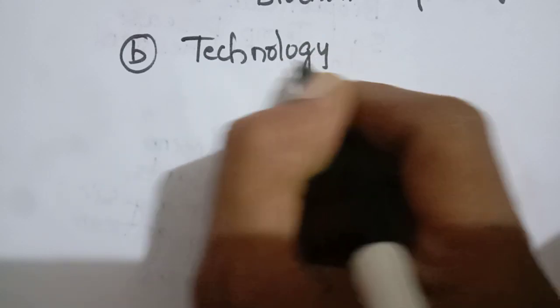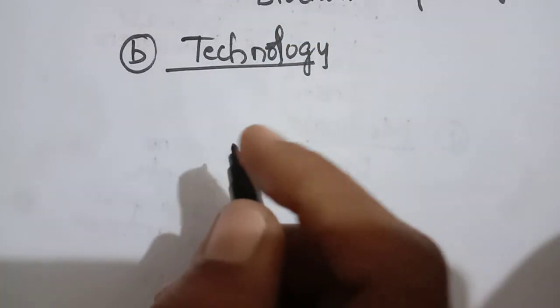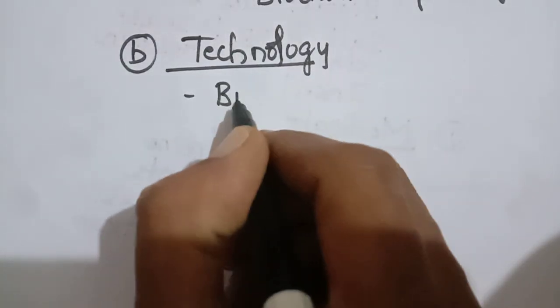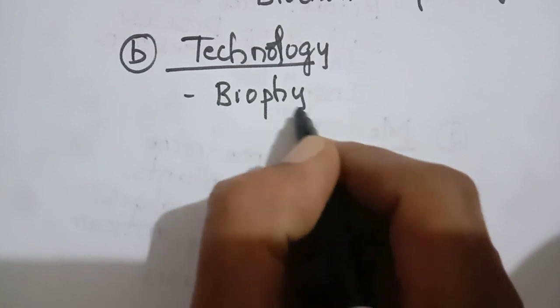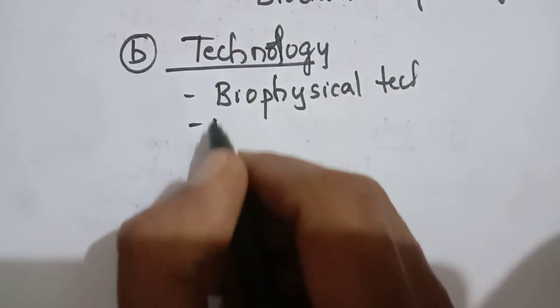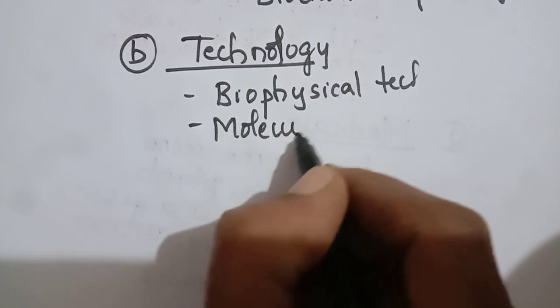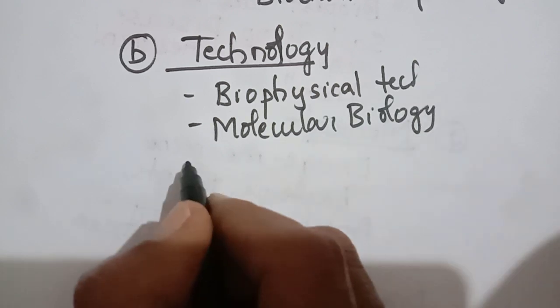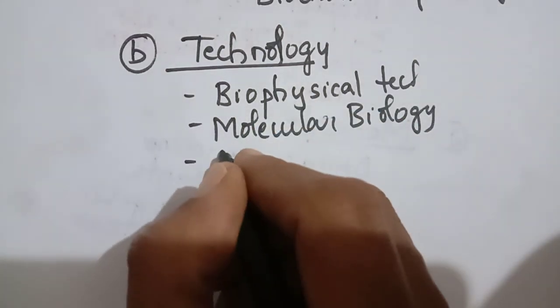The second important thing that defines biotechnology is technology. The first thing is to know about the living organism. The second is technology, so what techniques will we use? We can use various biophysical techniques, molecular biology techniques, and tissue culture techniques.